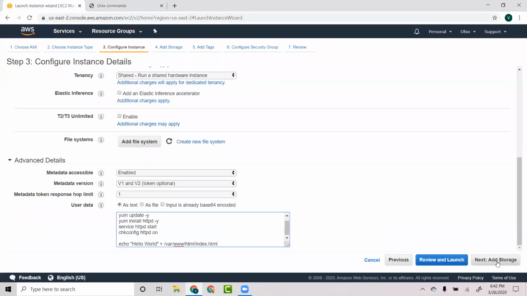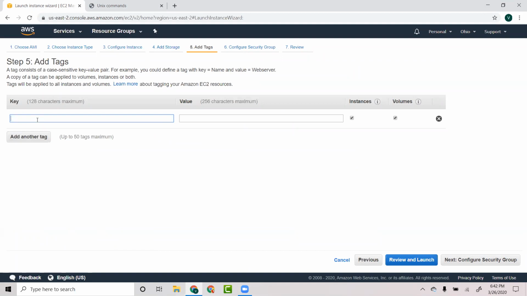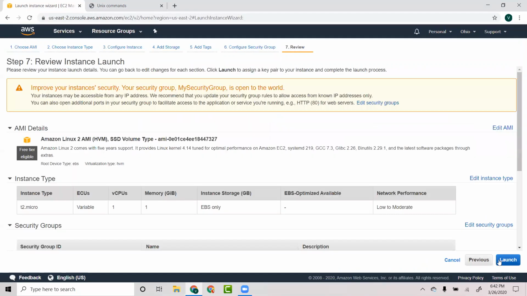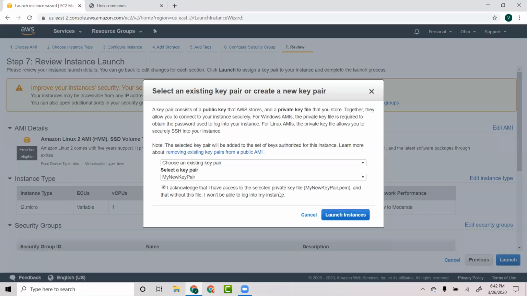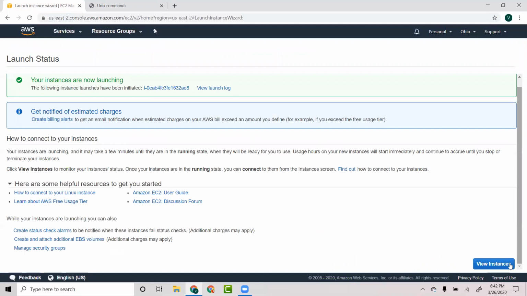Yeah, I want this to have Apache installed and running. Add tags. Let's go ahead and do it. Should I call it web server 1? Okay, I created a web server, my security group, review, launch, key pair. Very good.